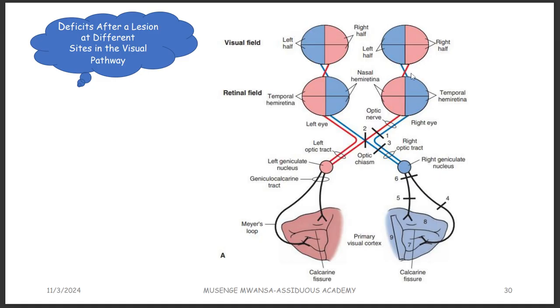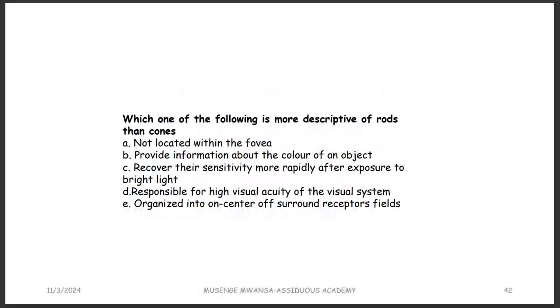It's coming from the temporal visual fields. So it's the temporal visual fields that are going to be affected. That information is projecting first onto the nasal hemiretina and then going on. Hope that is fine, just to help us analyze the question.